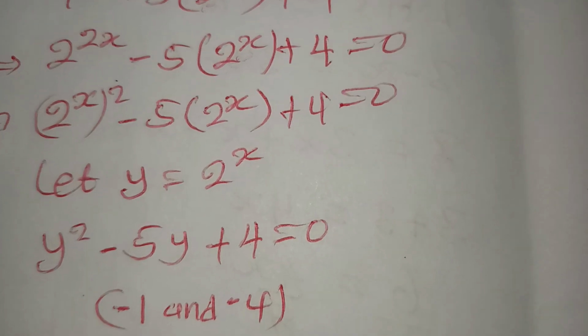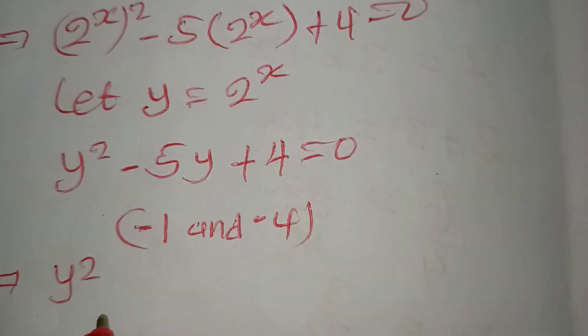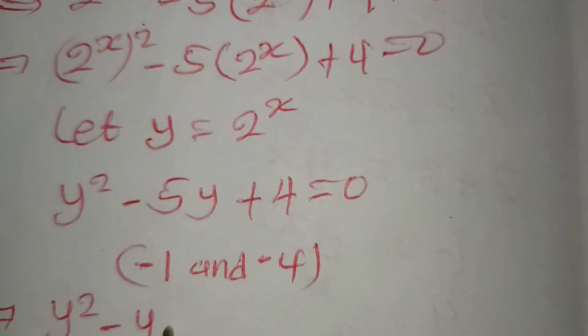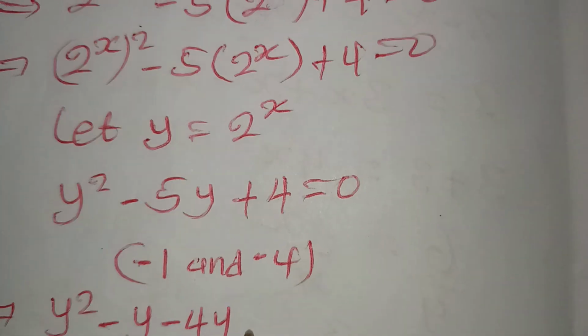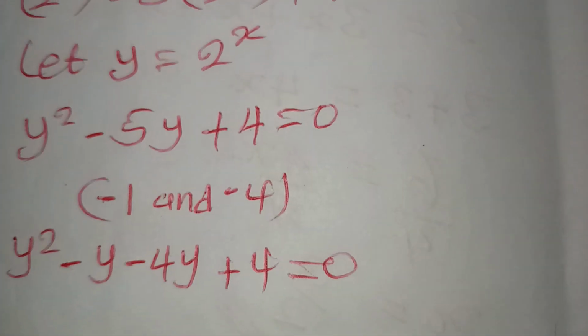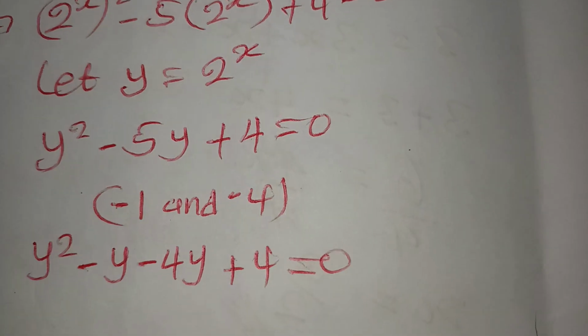So we have y exponent 2 minus y minus 4y plus 4 equals 0.